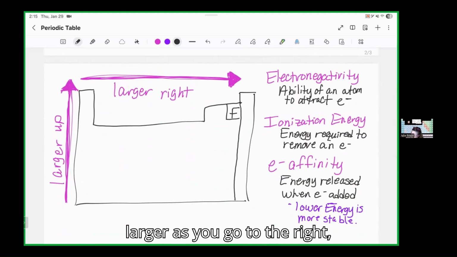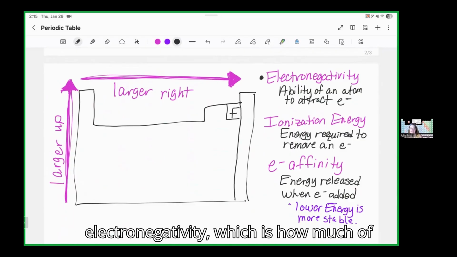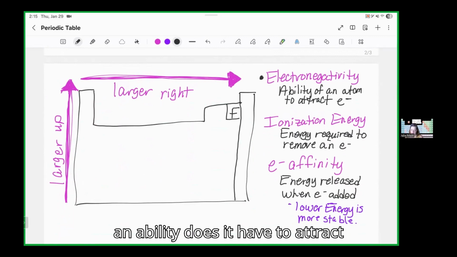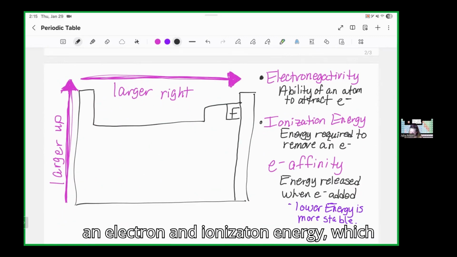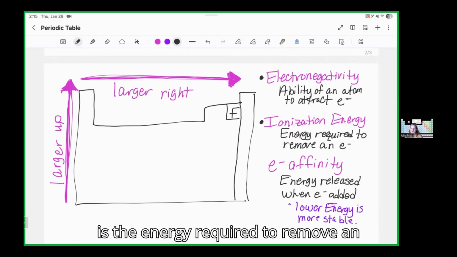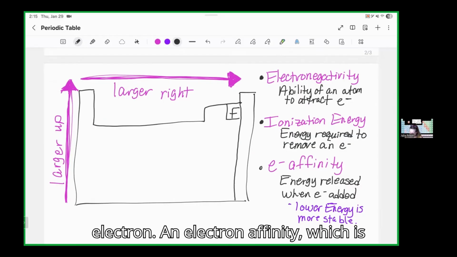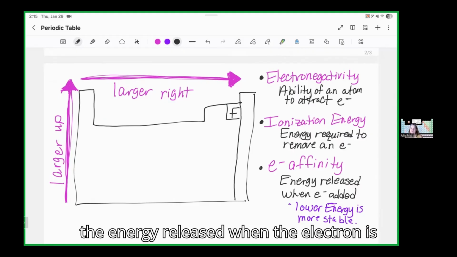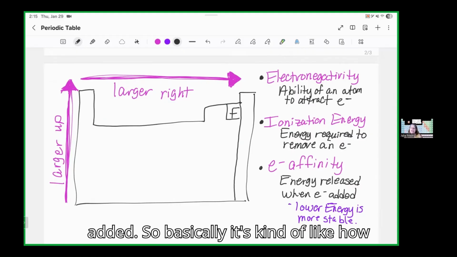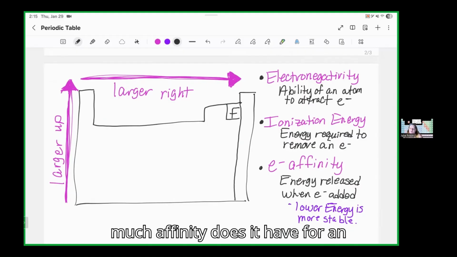These are called electronegativity, which is how much ability it has to attract an electron; ionization energy, which is the energy required to remove an electron; and electron affinity, which is the energy released when an electron is added.